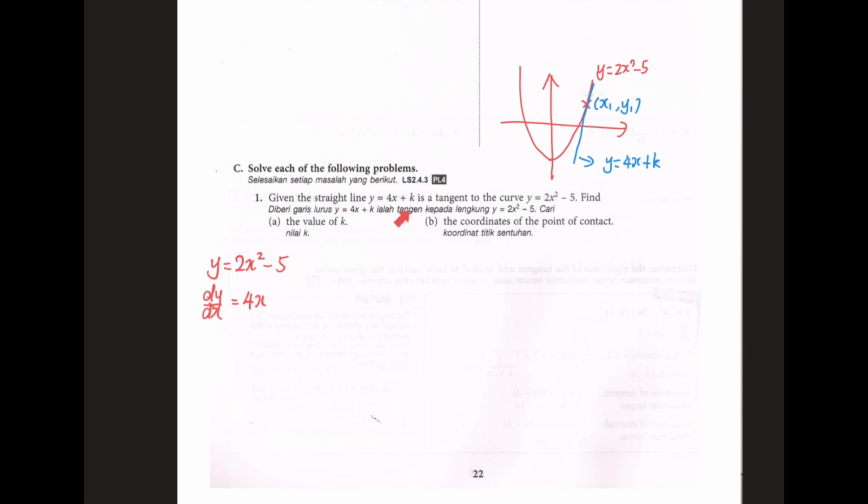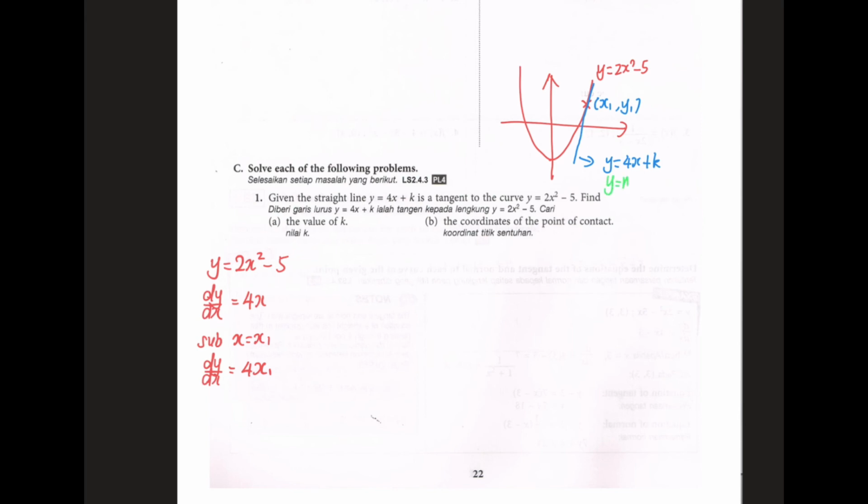I don't know the x, I call it x1. So now I substitute x equal to x1, and then dy dx equal to 4x1, which is the gradient of the tangent.